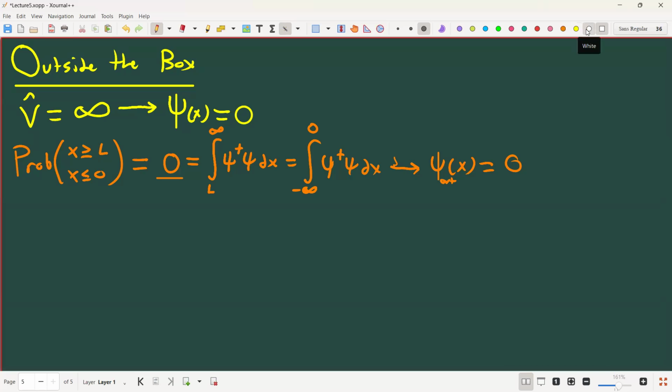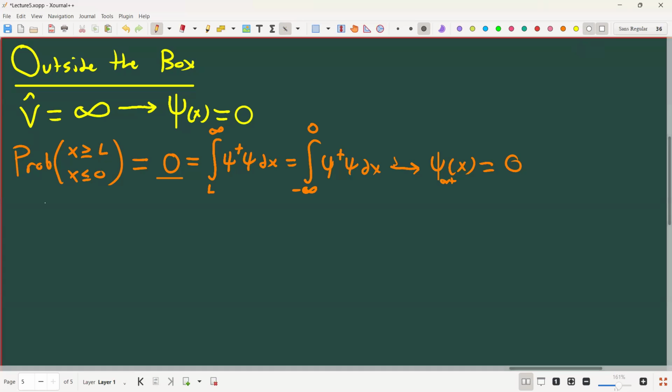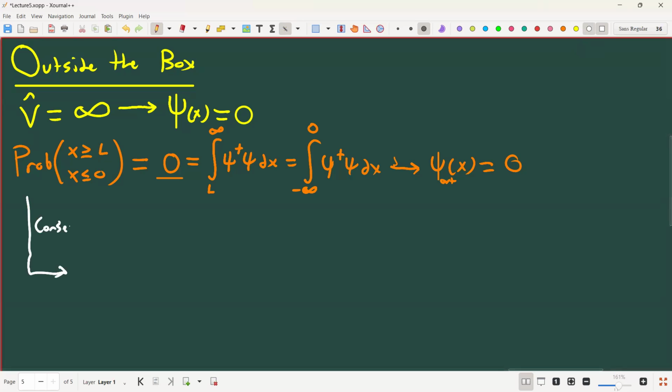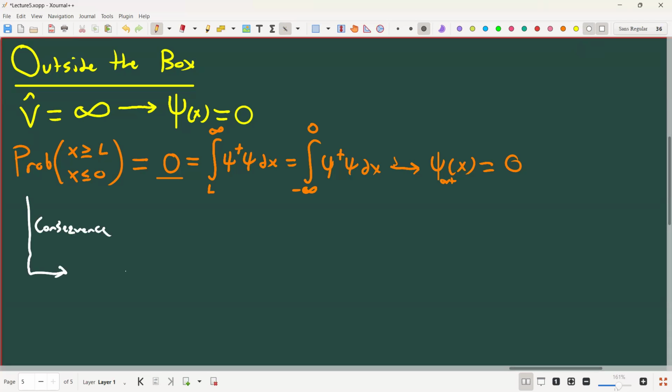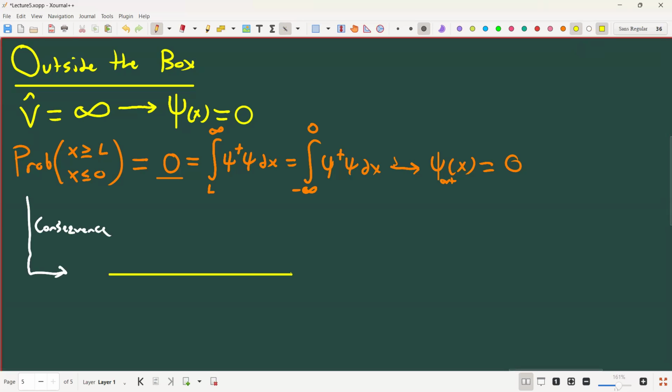However, we have a special condition now that we did not have before. The consequence of this is that this gives us a boundary condition for inside the box. So here's my space, X. Here's my box, L. Here's L and 0.